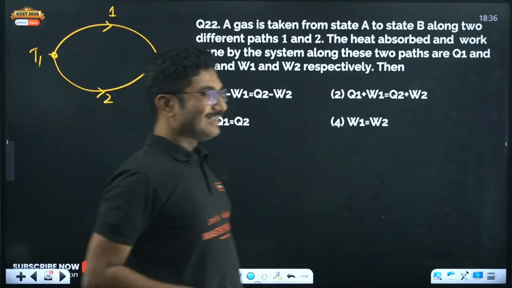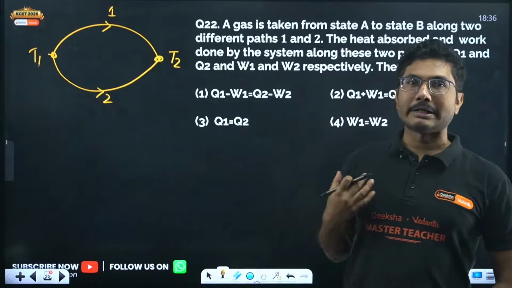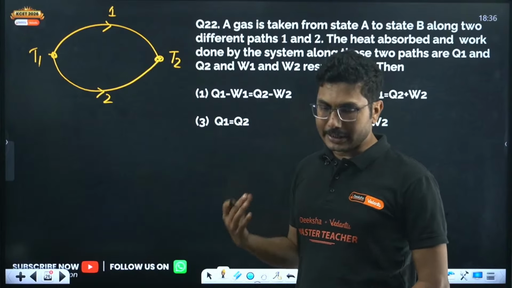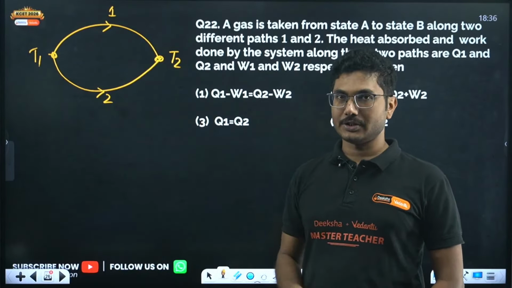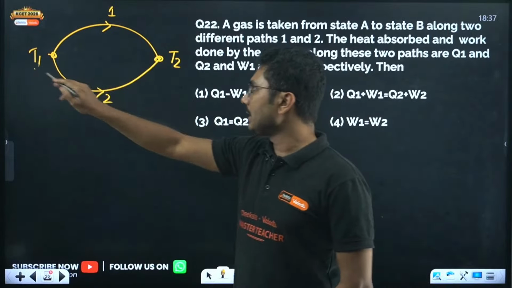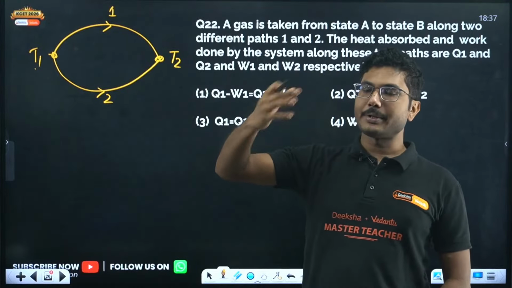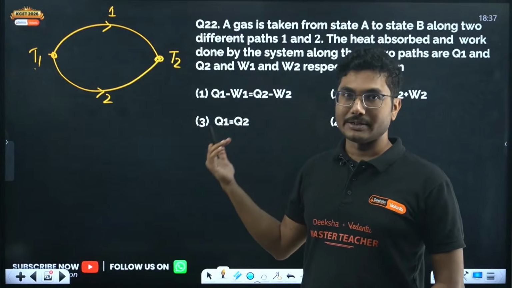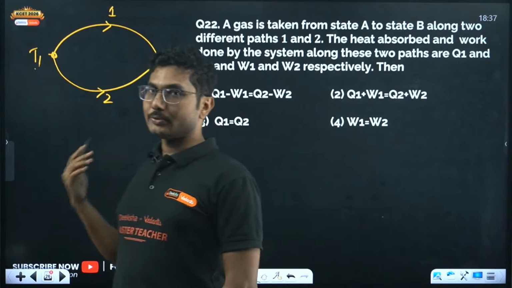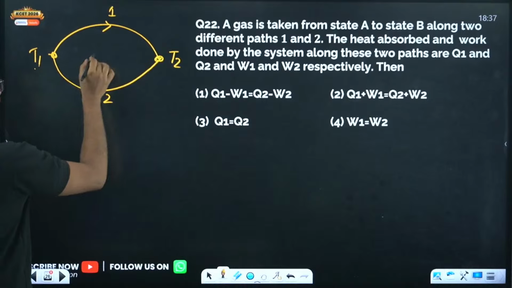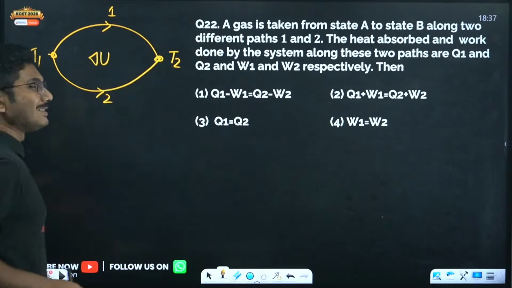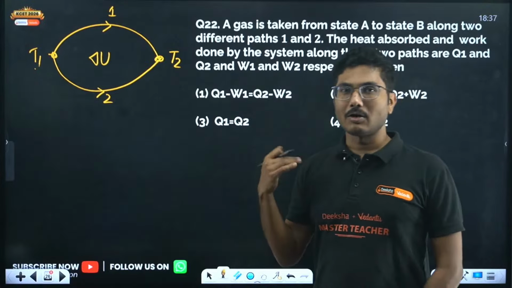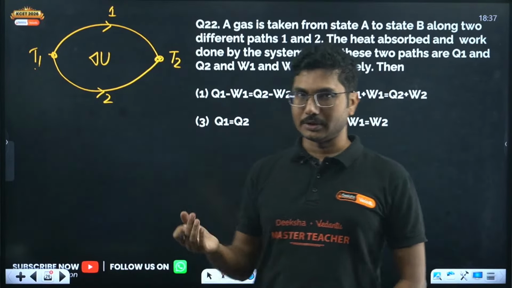Remember that the change in internal energy is independent of path. That is why internal energy is called a state function. It depends on the initial temperature and final temperature only, the temperature difference only. It does not depend on how you have achieved it. So that's why delta U, the internal energy change, is called a state function. Work done and heat supplied are not state functions, they are path functions.